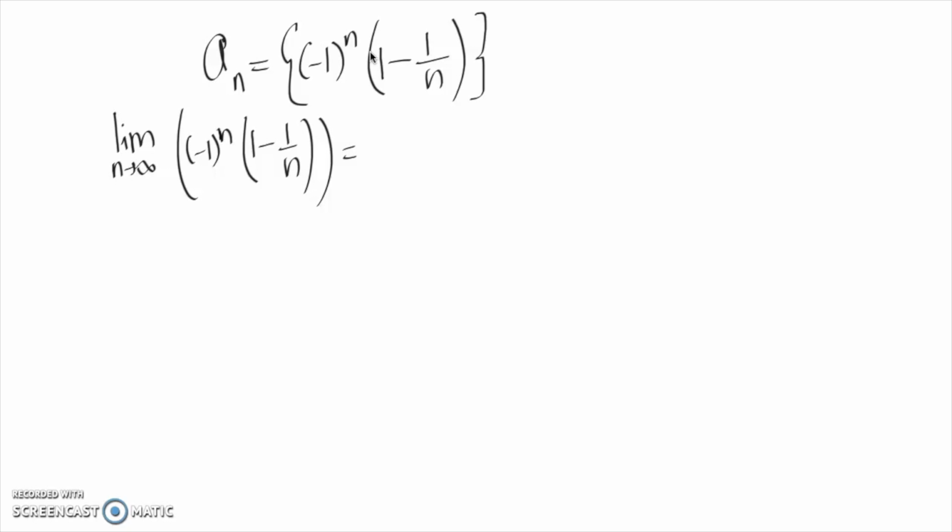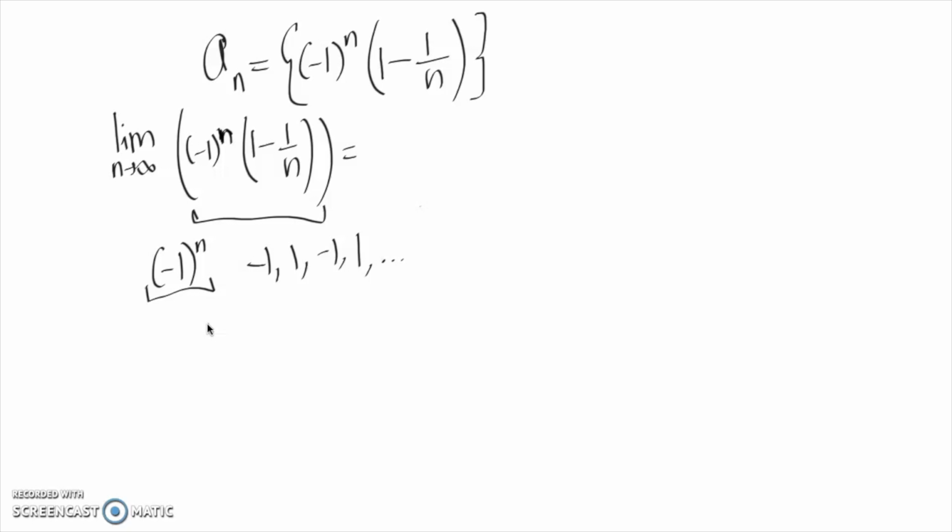Okay, so the first thing we have to understand is that there is a minus 1 to the power of n here, and when it comes to this specific format, as we substitute values n equals 1, 2, 3, it keeps interchanging between minus 1 and 1 as n becomes odd and even. So as the sequence moves like this, there is no limit in sight.